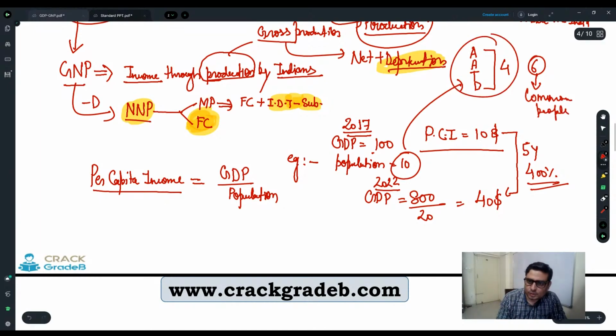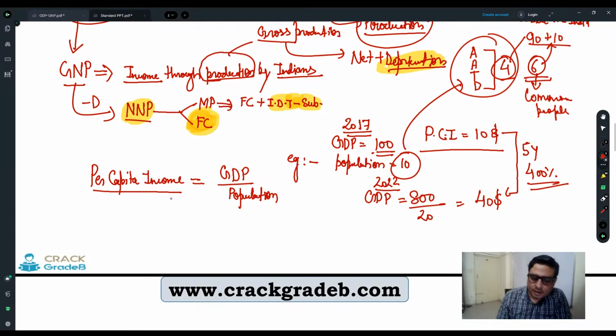The 10 people are generating 100 rupees. But when you check the contribution, these 4 people are contributing 90 rupees and these 6 people are contributing 10 rupees. So combined income went to 100 and per capita income came to $10 per person.